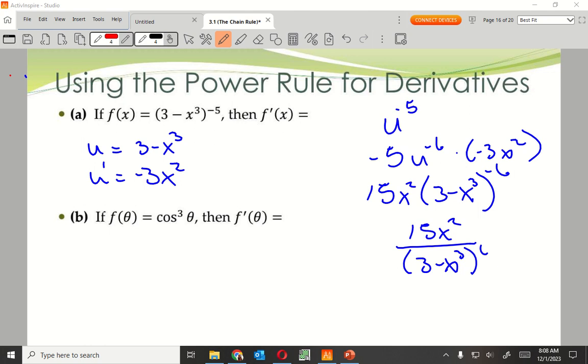I'm trying to show you the mental math on this one. What does my exponent always do? What did my exponent do when I had it as a u? Where did it go? Goes out front, right? The exponent goes out front.